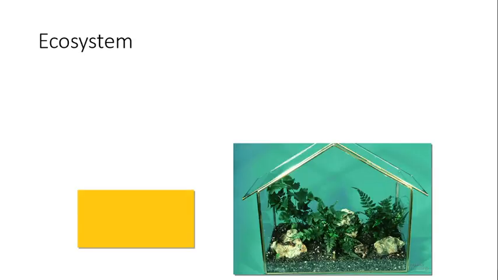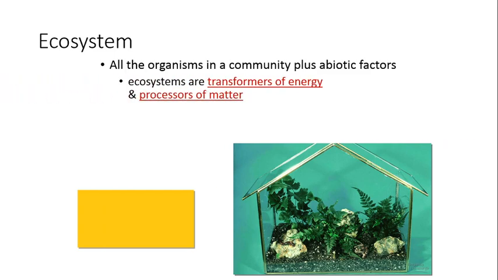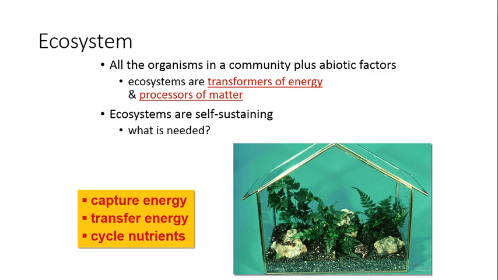So let's come to the basic definition or understanding of ecosystem. As you can see, what is required in an ecosystem? An ecosystem has three major components, or you can say more.